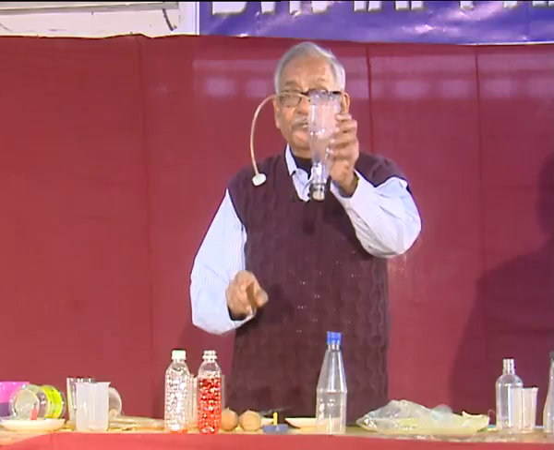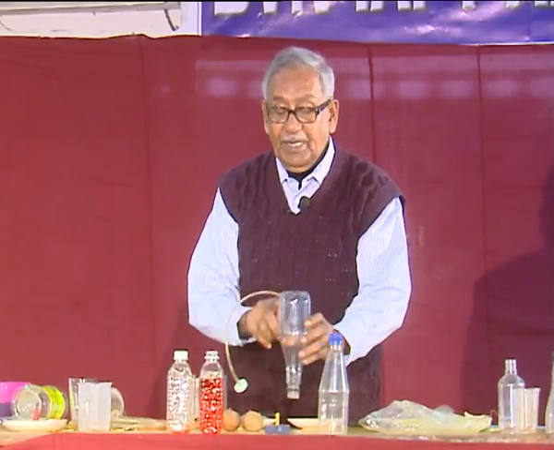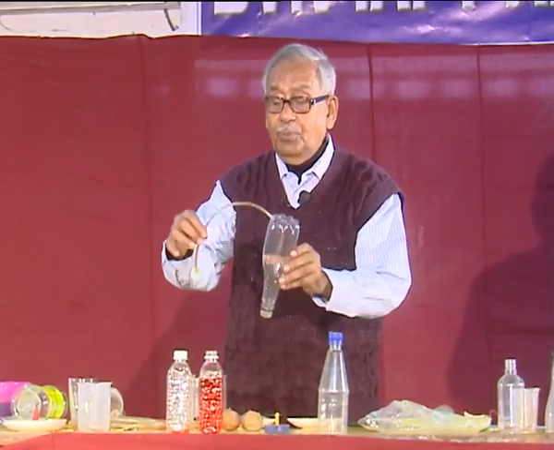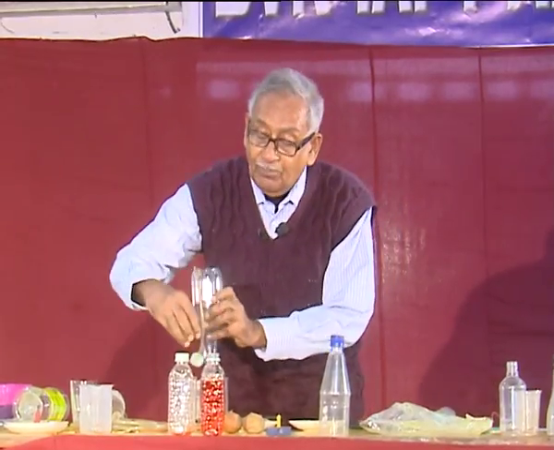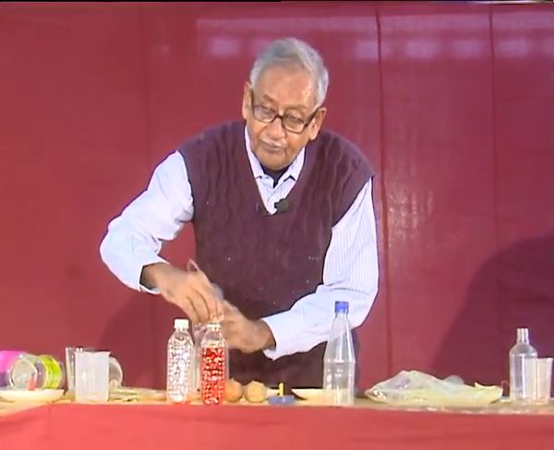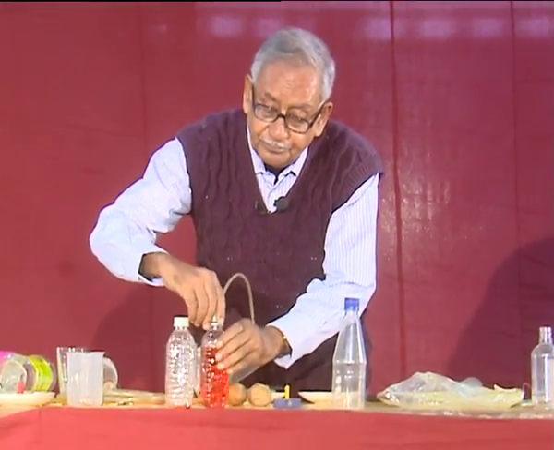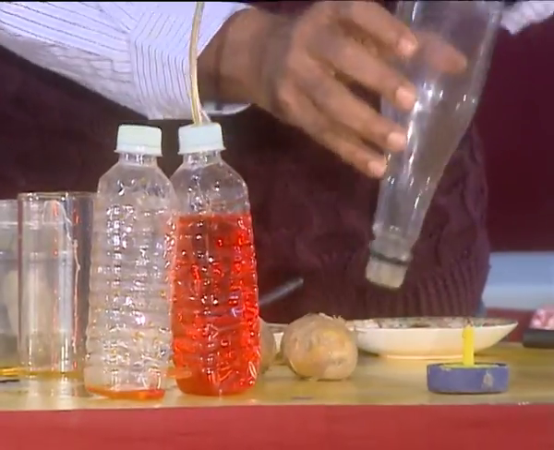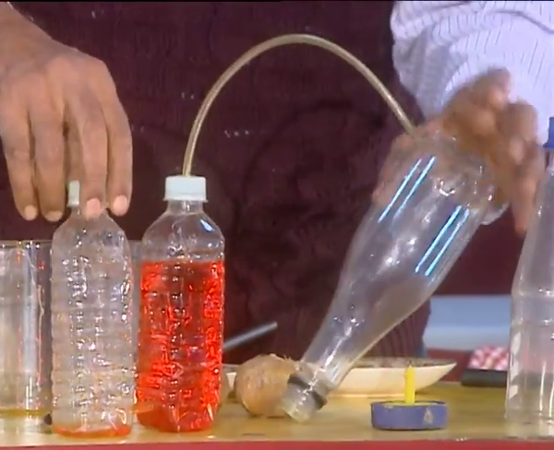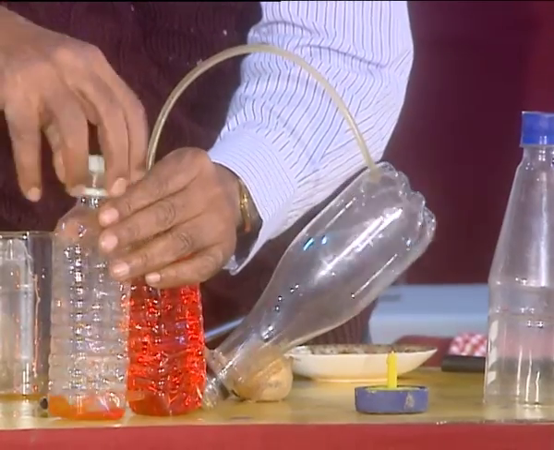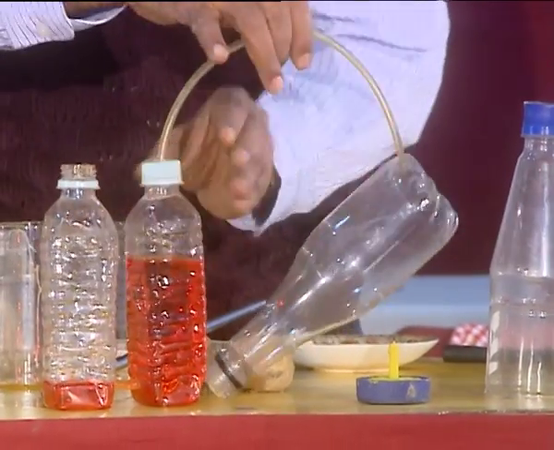Now there is another tube. See the construction. Here I have put a side tube and I am going to fix it here. Now this is open to air, so I open this. Now the liquid will come here.